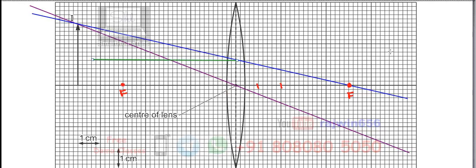Because we know that any ray that is parallel to the principal axis, it has to pass through the focus. Where the green line and the purple line are meeting, that is the position of the object.